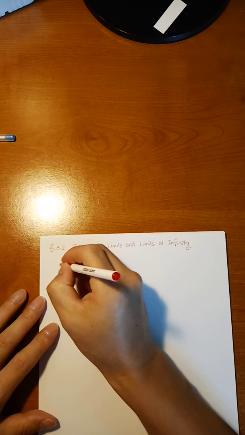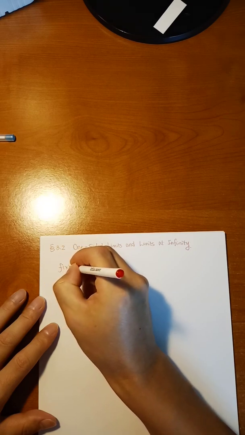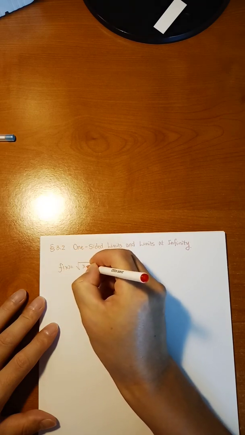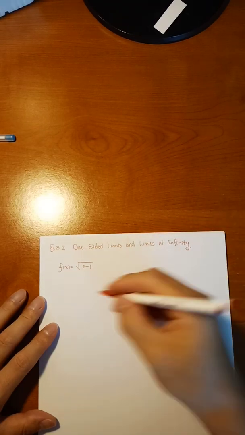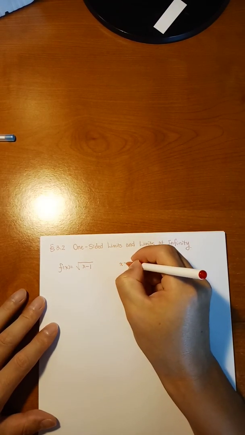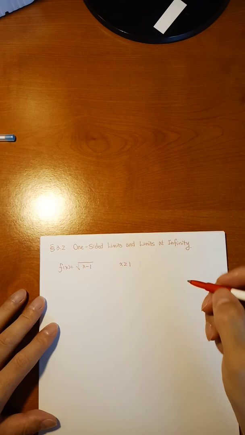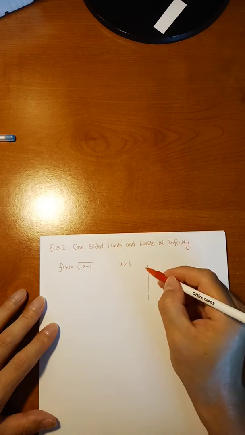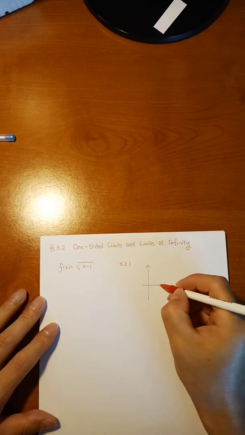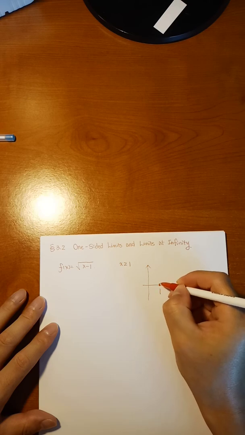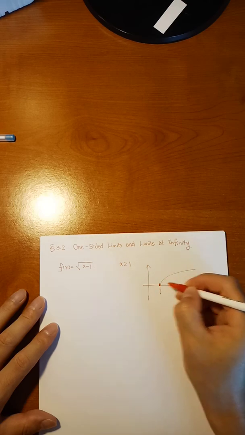For example, if we have function f(x) equal to square root of x minus 1, we know that this function has domain x greater than or equal to 1. So this is 1. The graph is like this.